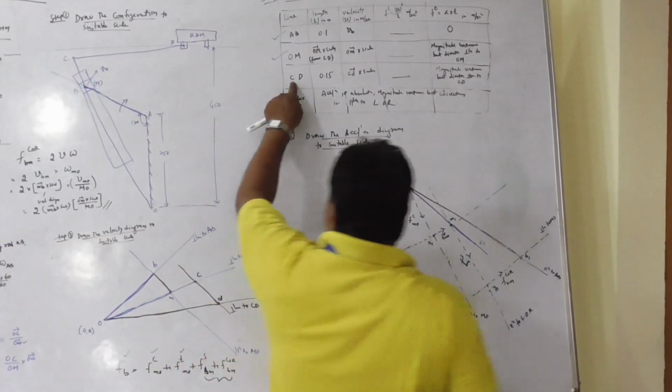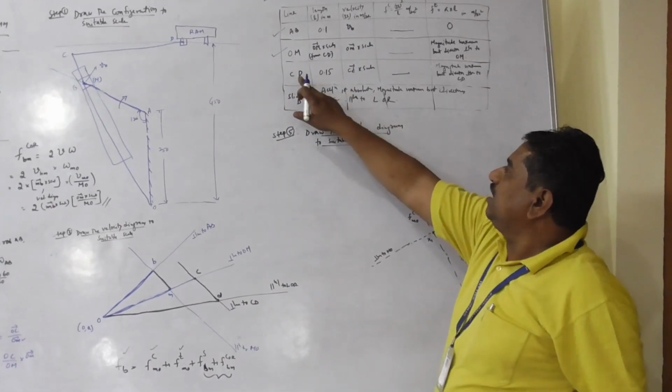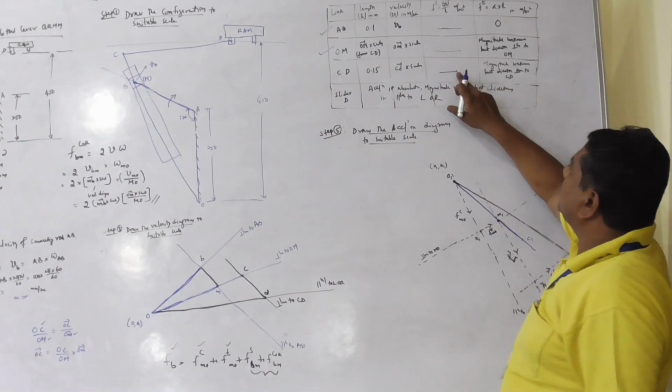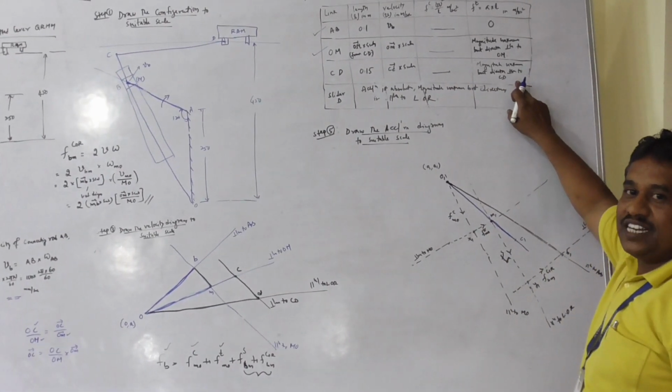Coming to this third link, CD. Acceleration of D relative to C as seen at C is vector summation of centripetal and tangential components.